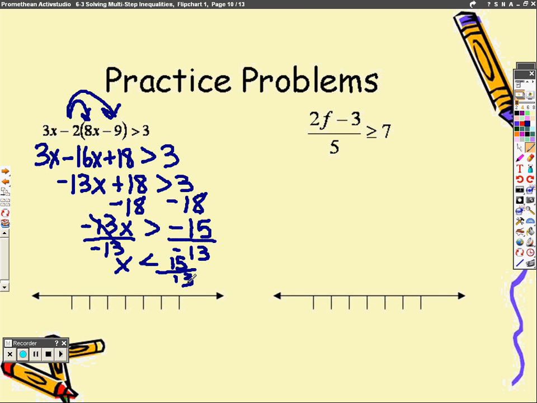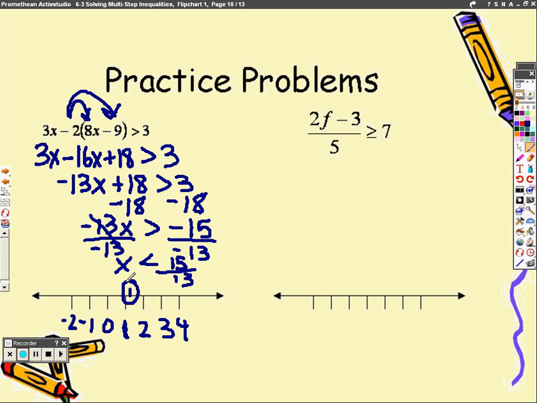And remember, since we have a negative divided by a negative, they cancel one another out, and we end up with positive 15 thirteenths. I'm going to figure that 15 thirteenths is close to 1, so I'll put 1 at the center of my graph. Okay, and I'm going to estimate that 15 thirteenths is just a little bit larger than 1. So I'm going to put my circle right here.